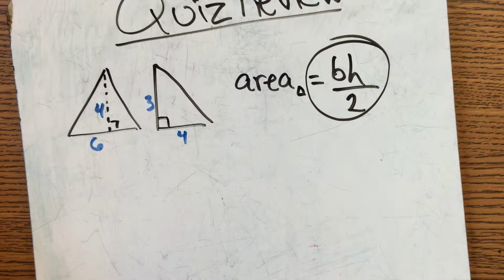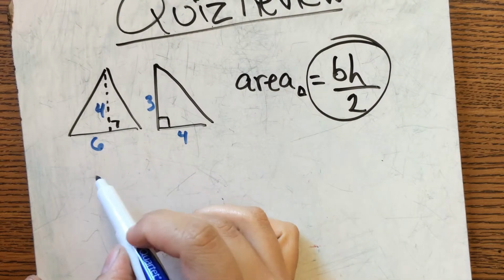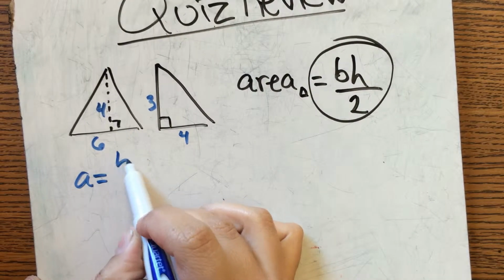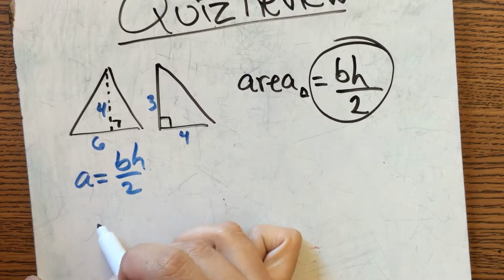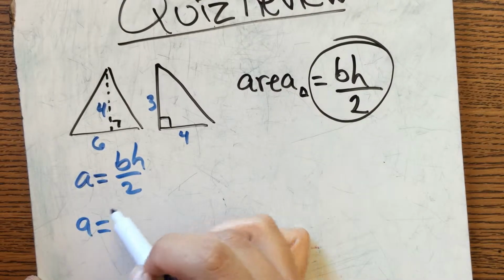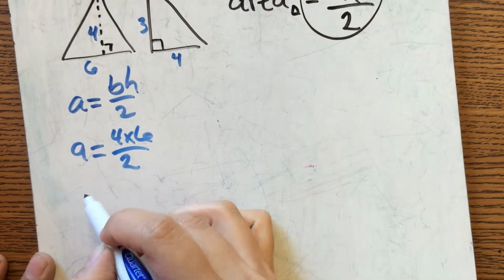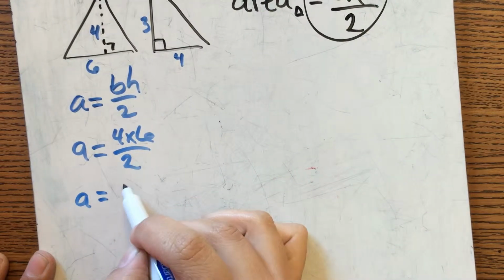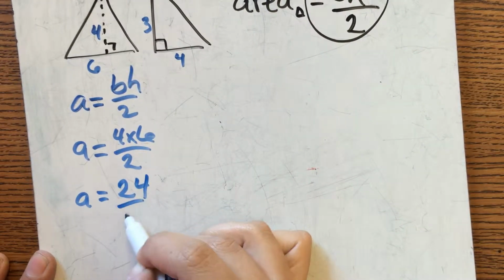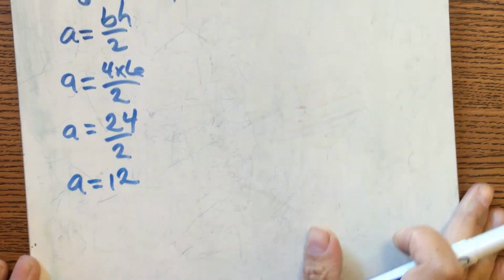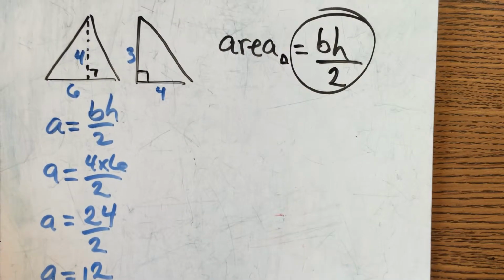Okay? Let's see. The area of this one, area equals base times height divided by 2. The area equals 4 times 6 divided by 2. 4 times 6 is 24 divided by 2. The area was 12. That's just an example. That's not one from your test.